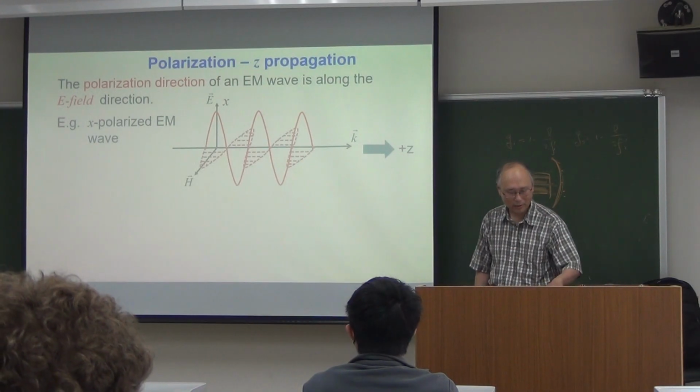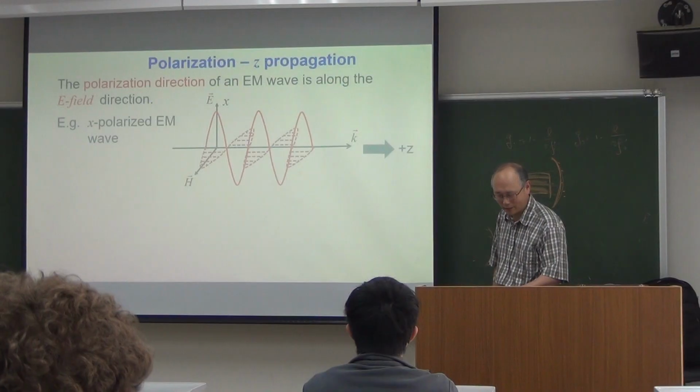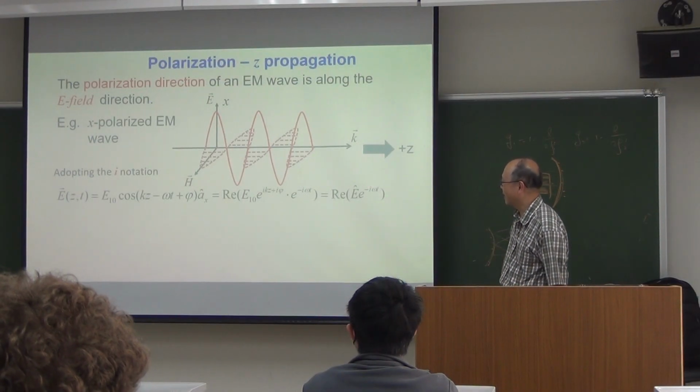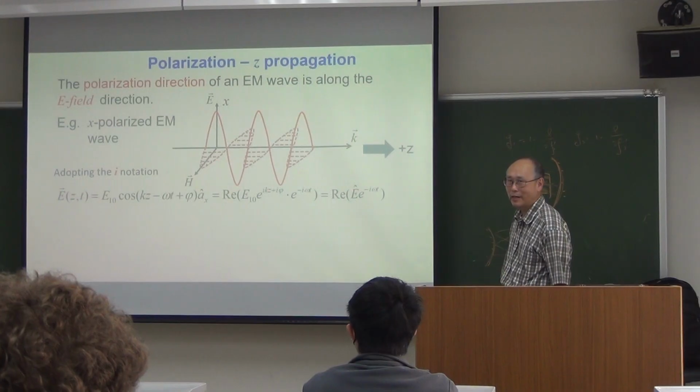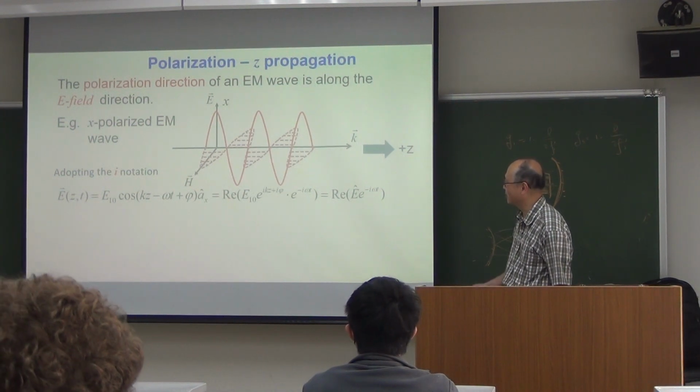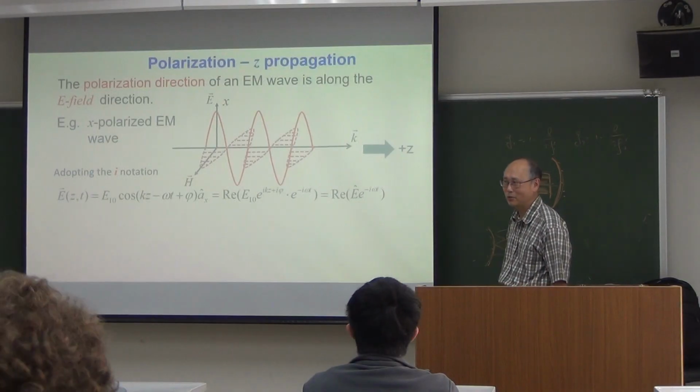And then I will start to show you something that you really hate to see. Previously we used j. Now I try to change it to i. I hope I don't confuse you too much, but we'll come back to change it to j.